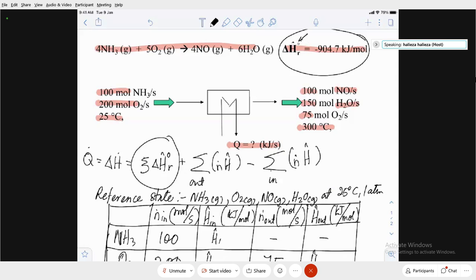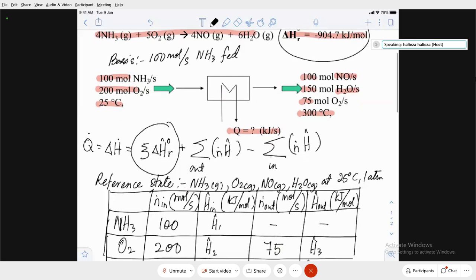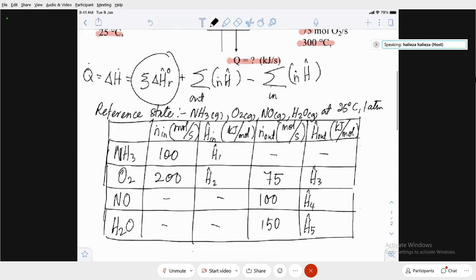So that's your reference state. Your basis, obviously you need to write, even though you don't have to draw the diagram. Let's say 100 mole per second of ammonia. That's your basis. Okay. So now we need to calculate the enthalpy.